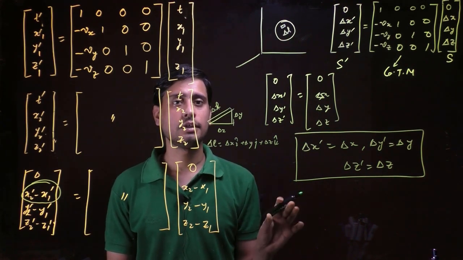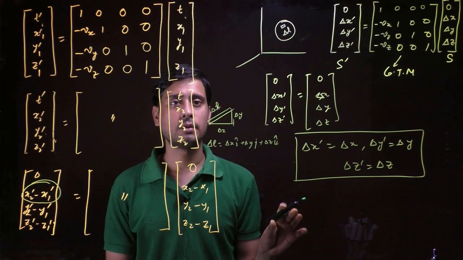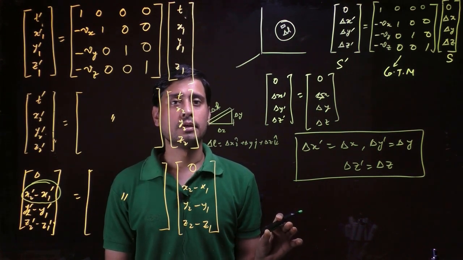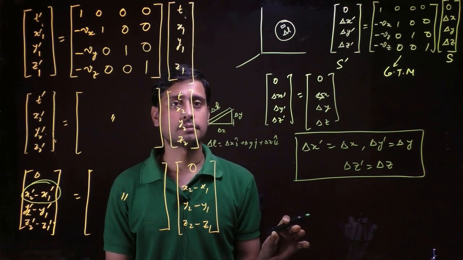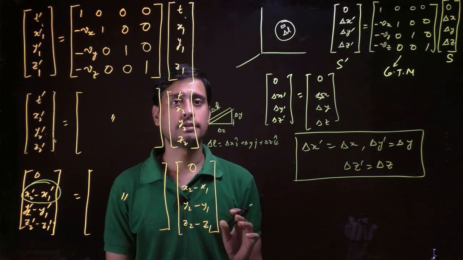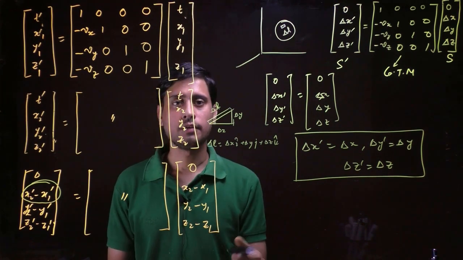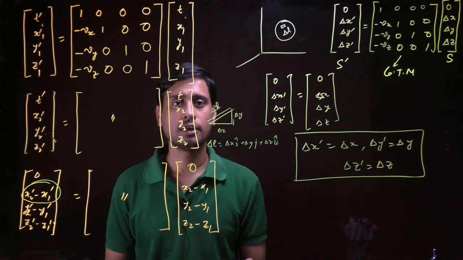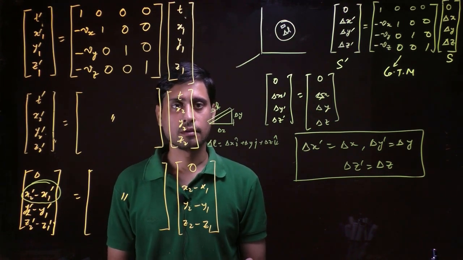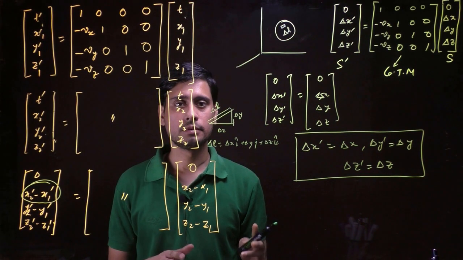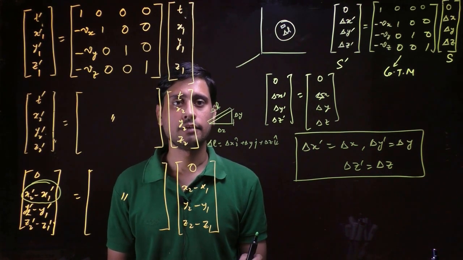Because the velocity of the S prime frame is constant, it is an inertial frame for the S observer, and we know that in the Galilean transformation the length remains invariant.